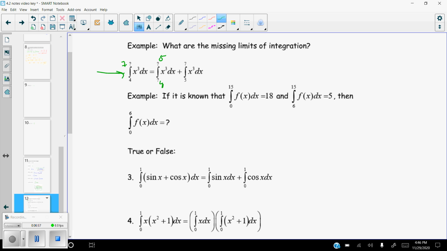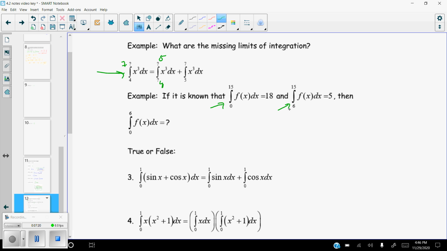Slightly more concrete example, if it's known that the integral from 0 to 15 of f of x dx is 18, and it's known that the integral from 6 to 15 of f of x dx is 5, then what would the integral from 0 to 6 of f of x dx be? Well, this piece right here obviously is the entire thing, 0 to 15.